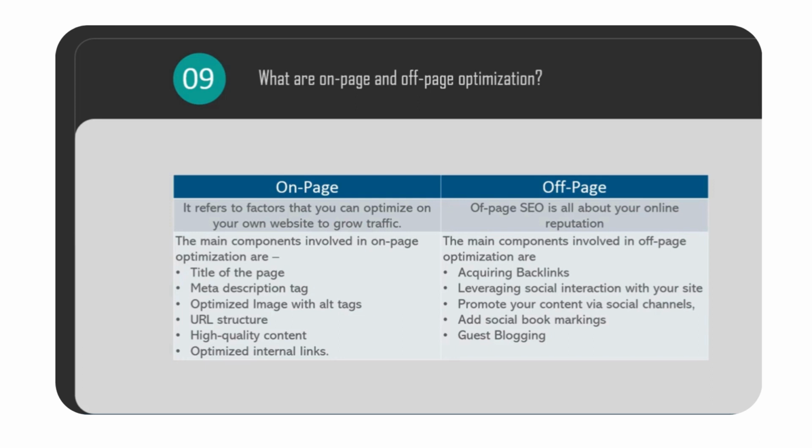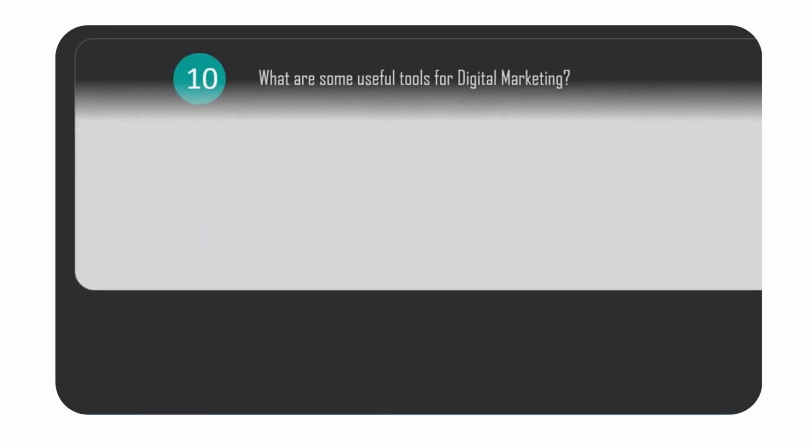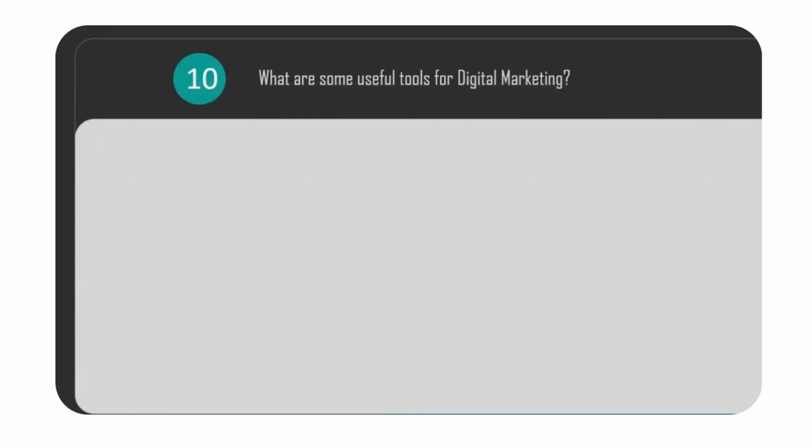Now moving on to the next question, what are some useful tools for digital marketing? We have some interesting tools for digital marketing, guys. So I've noted down a few of them. We have so many tools in the market right now which help in digital marketing. So we have something called keyword research or keyword discovery. This helps in analyzing how to make your keyword rank on the search engine result pages.